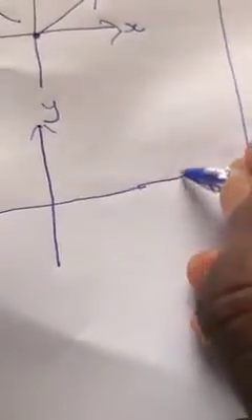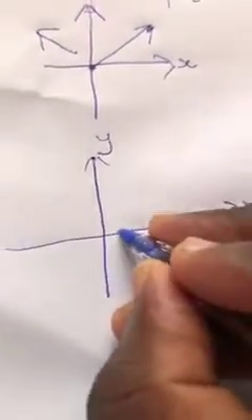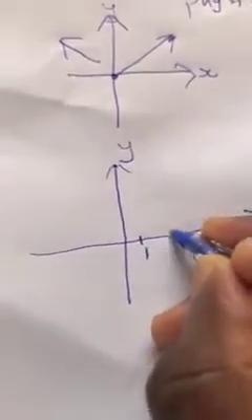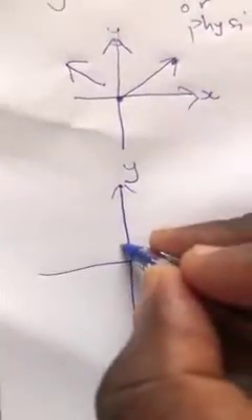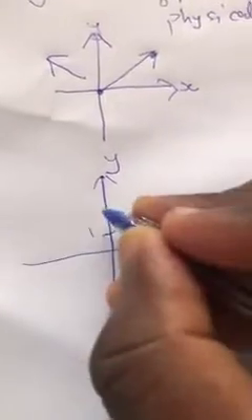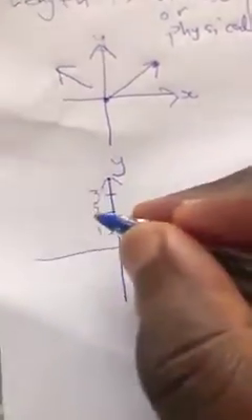Okay, now let's move on. Let me draw another graph here. Of course this will be my y and then this will be my x. So let me draw another vector. Let's say we have points 1, 2, and 3 on this axis, and the same way we have 1, 2, and 3 on the other.